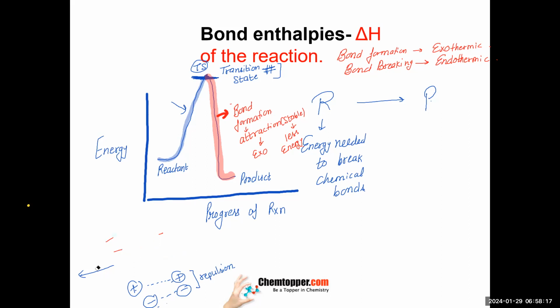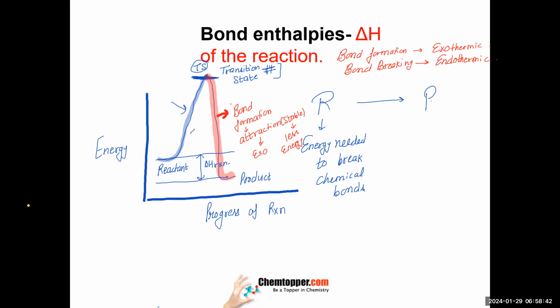Okay, so here bond formation is exothermic, bond breaking is endothermic. And what is delta H of the reaction? Is this the difference? This is delta H of the reaction, right? How to calculate it using bond enthalpies?